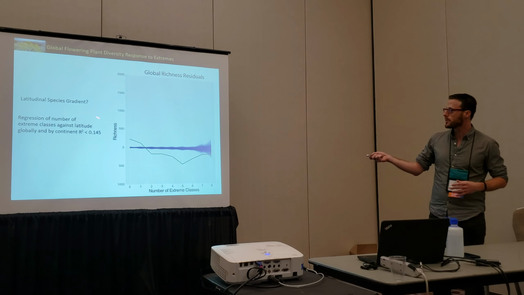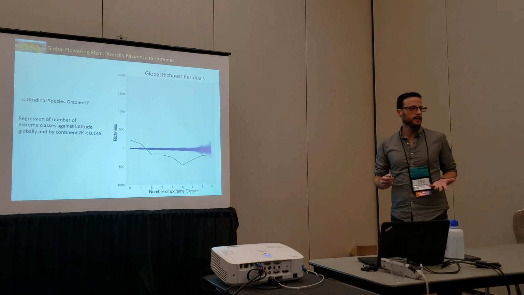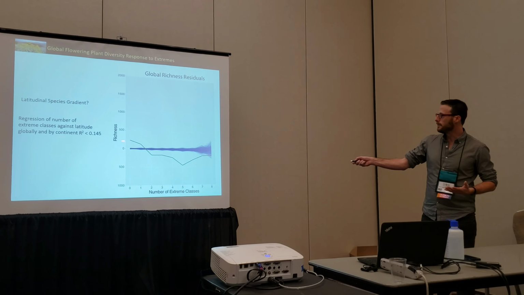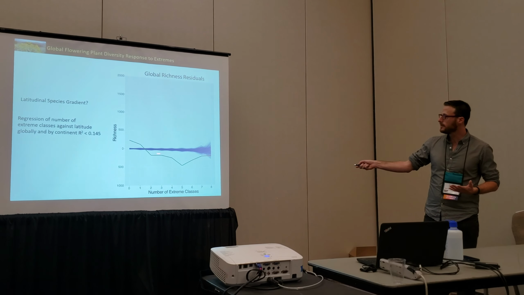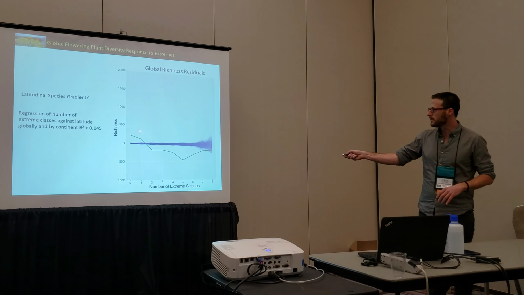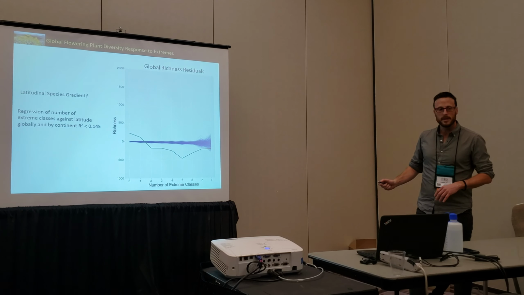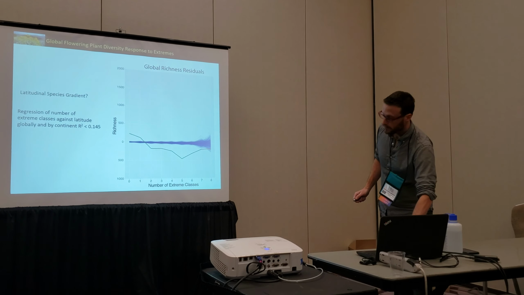We did a regression of the number of extreme classes against latitude, and we found no particular significant trend. If we plot that data, it does dampen the signal a little bit, but when accounting for the species latitude gradient, we still find that as you increase the extremeness of an environment, species diversity does fall away.